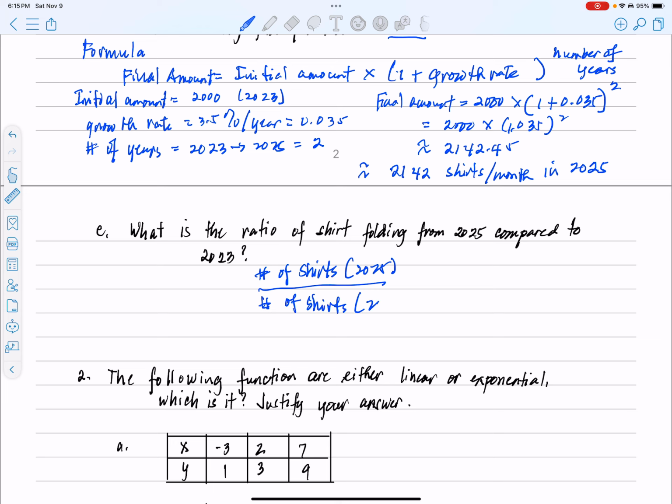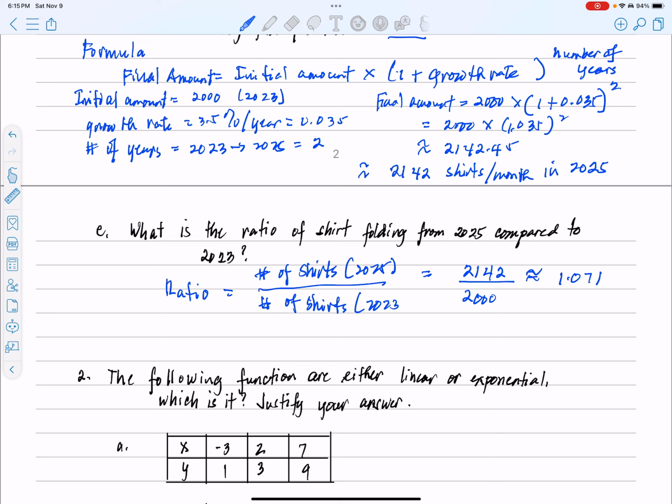So in 2025, she folded 2,142 shirts, while in 2023, she folded 2,000 shirts. So approximately, we have the ratio of 1.071.